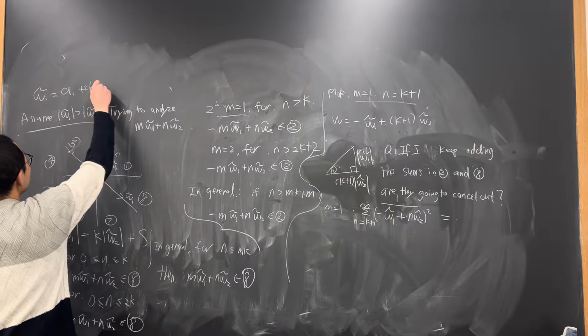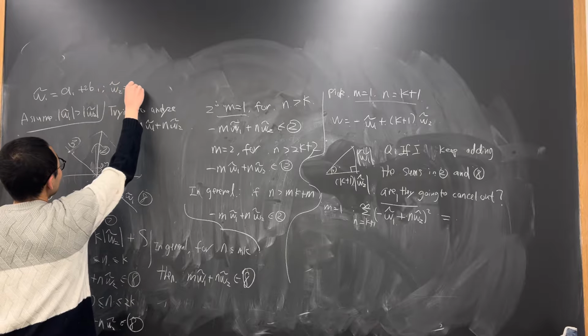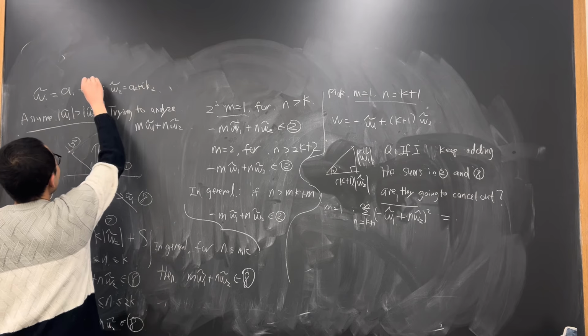And then let's say omega 2, which is equal to A2 plus i B2.